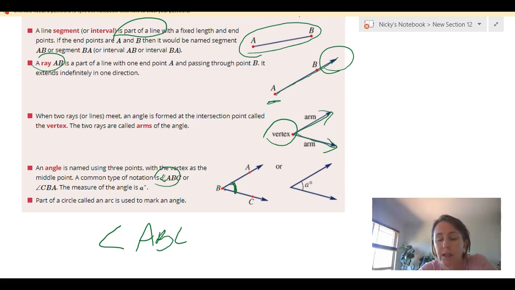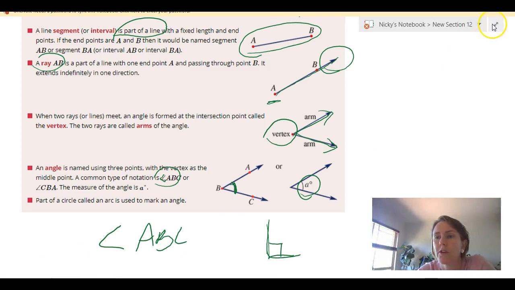We could also label it. Sometimes it's labelled like this with an a, like an algebraic a, or a lowercase b, or any letter. And unless it's a right angle, and we know that it's a right angle because we use our little square symbol instead of a curved sign.